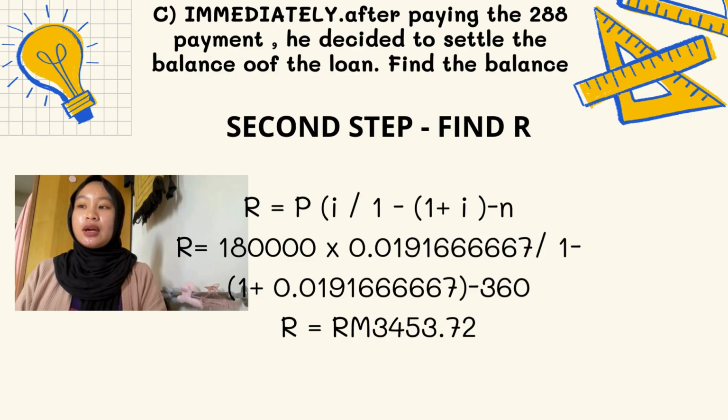The second step, we should find R. The formula is R equals P [(i) divided by (1 minus (1 plus i) to the power of minus n)].